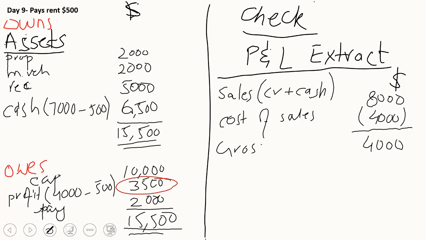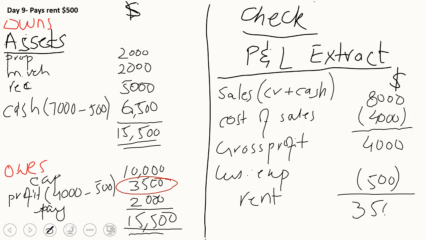Okay, but is this the final profit? No, because what we saw in the pro forma as well, that there are expenses incurred by the business which decrease this gross profit. So rent, less expenses, and what's that expense now? In this case it's rent and it's 500.